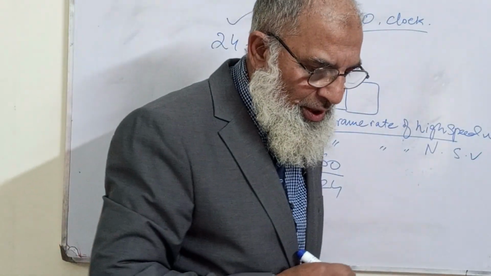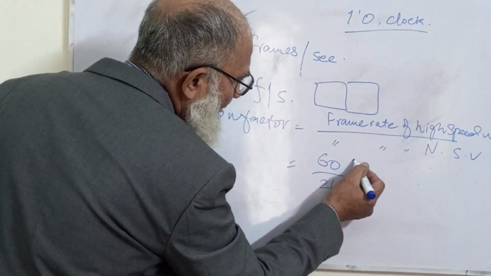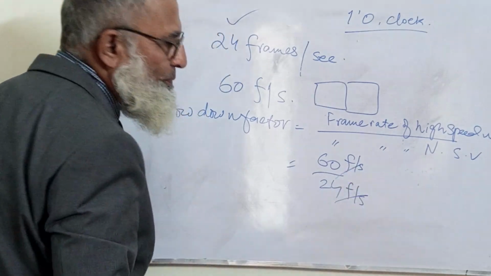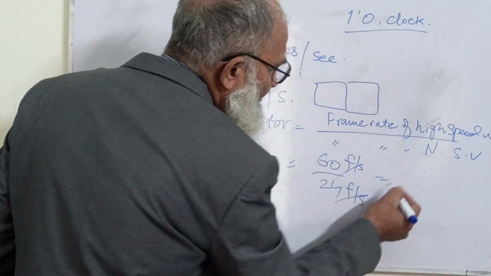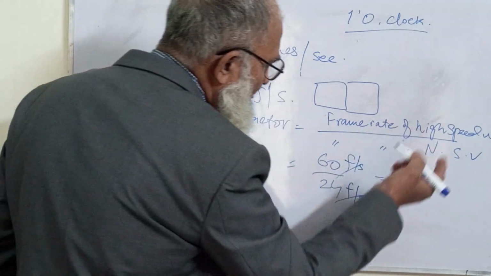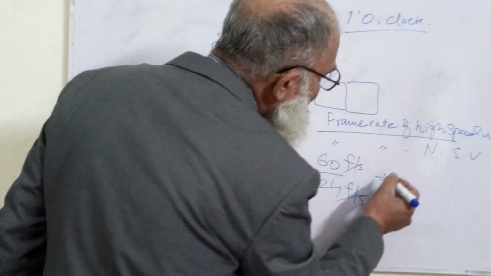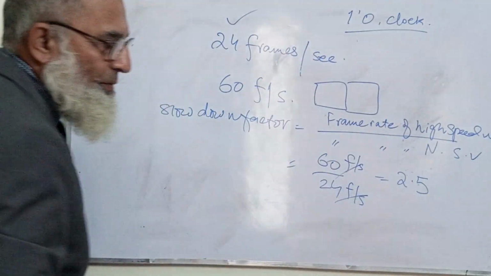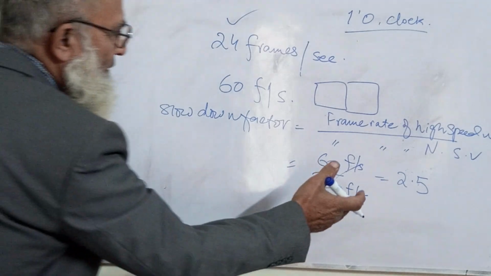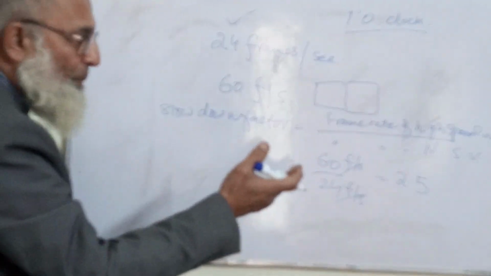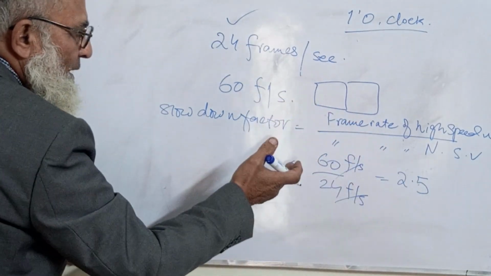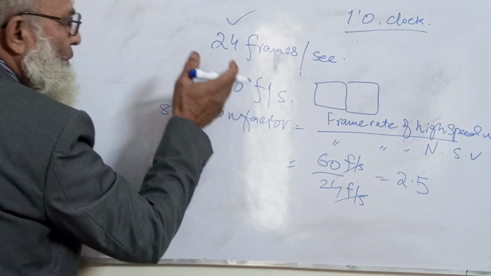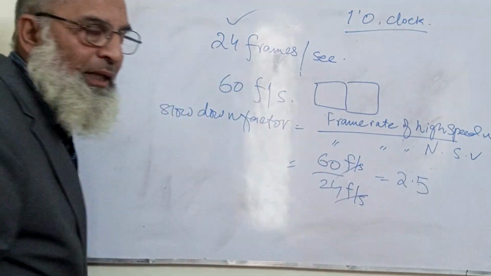Both have the same units, frames per second, so they will cancel out. It is 2.5. The slowdown factor is 2.5. If we slow it by 2.5, we can watch the same video at the normal speed.